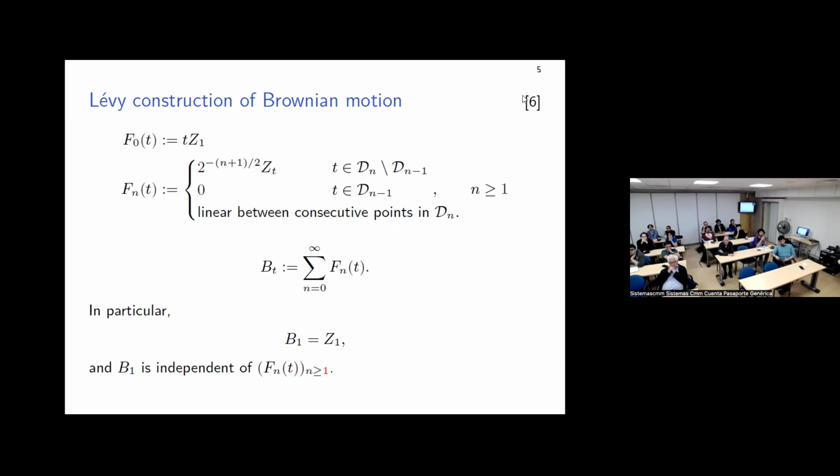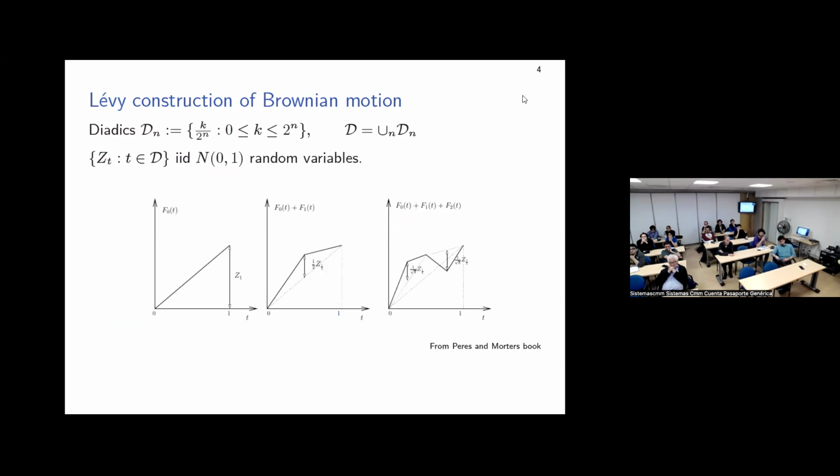The incredible thing that I discovered very recently is that if you move your Z_1 here, all this construction moves together. So this is the experts in Brownian motion saying, yes, of course.